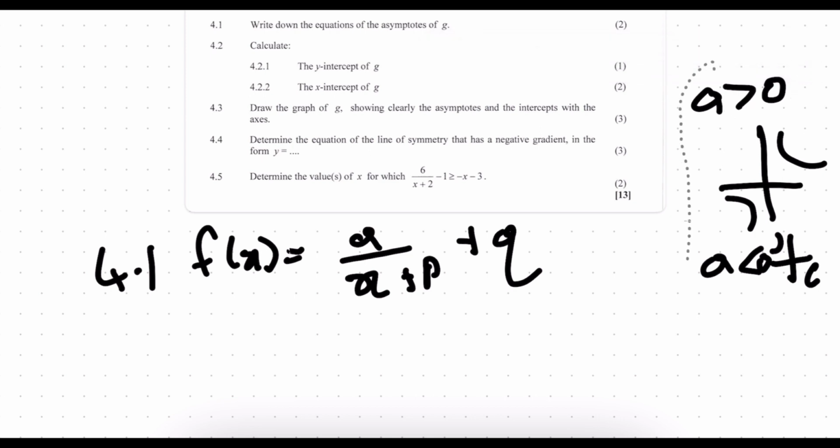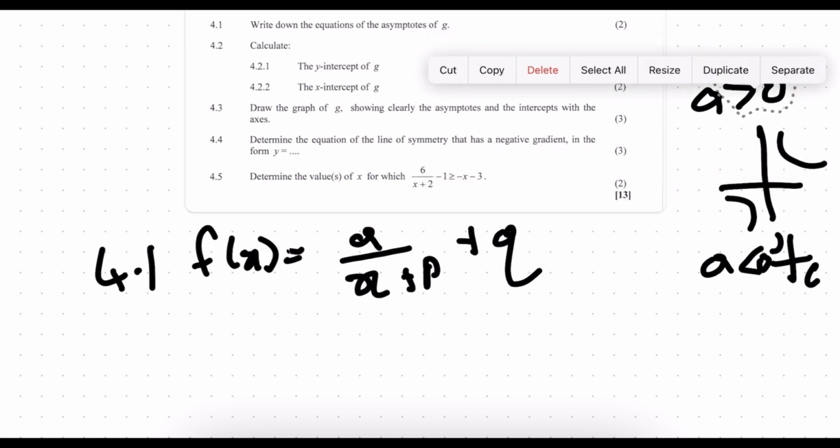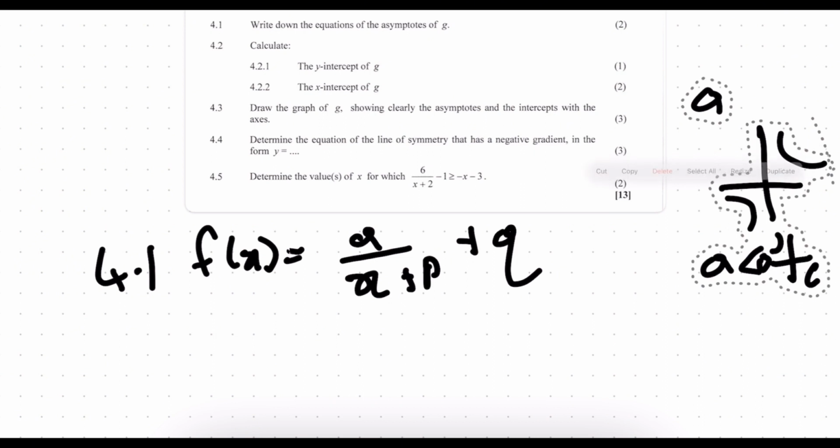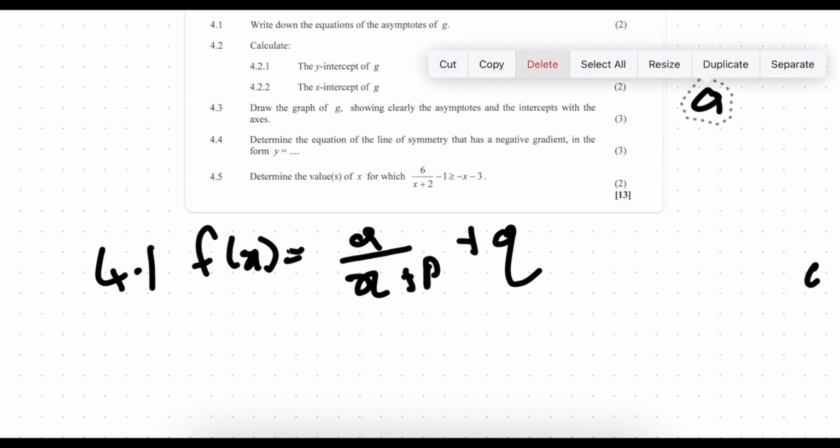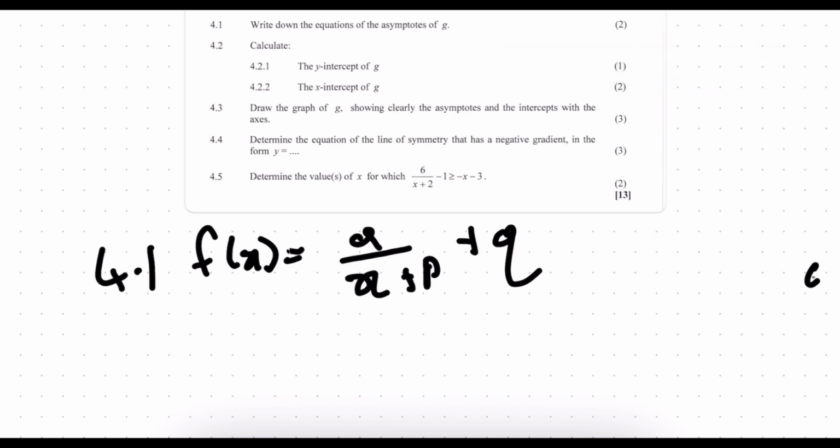You are very brilliant. Okay, let's delete this, oh my gosh, technology. Okay, so you know that if you want to determine the x asymptote, you say x plus p should be equal to 0.